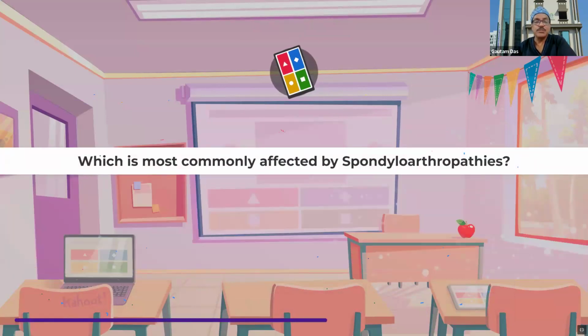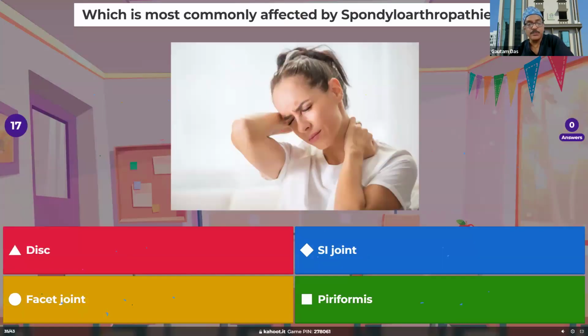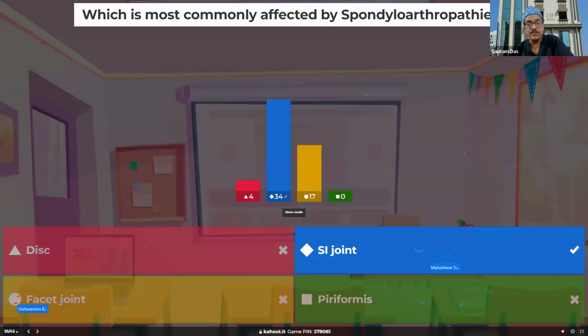Okay. Which structure is most commonly affected by spondyloarthropathies? Spondyloarthropathy means a group of inflammatory arthropathies, which includes ankylosing spondylitis, psoriatic arthritis, and reactive arthropathies. Majority answered right.